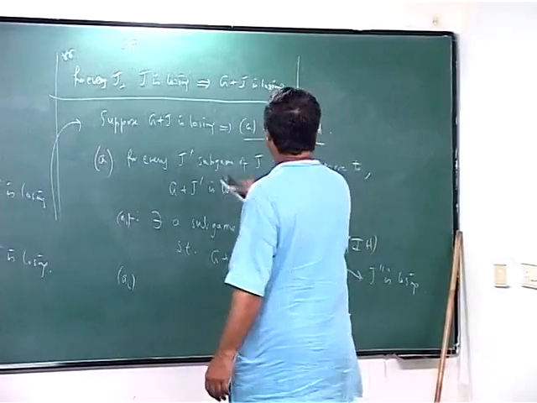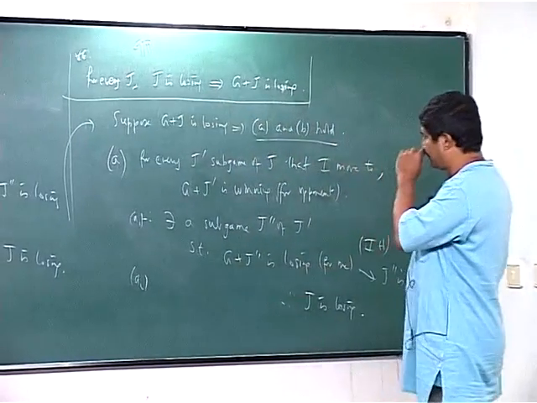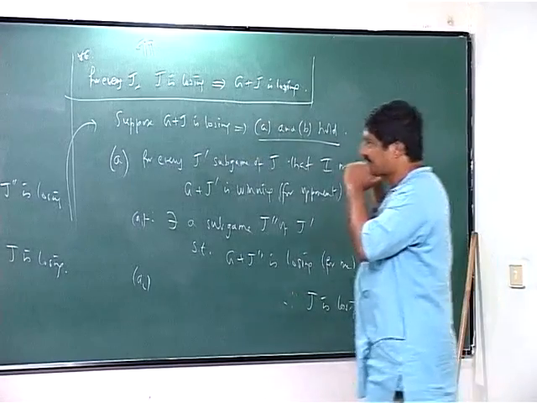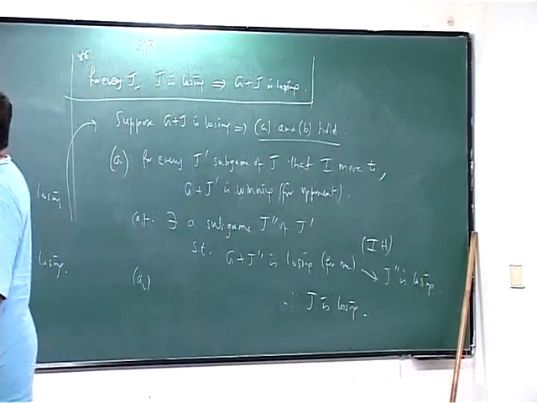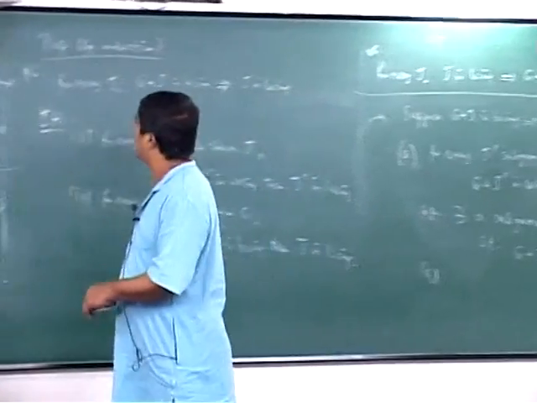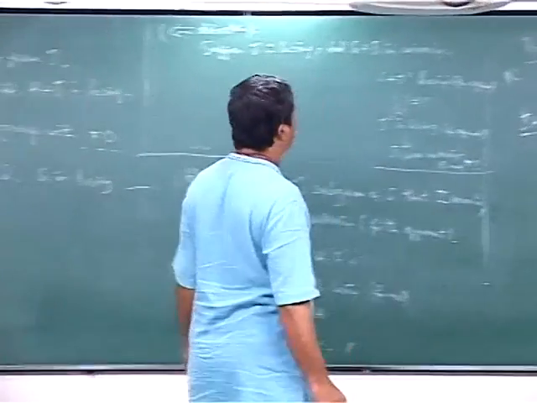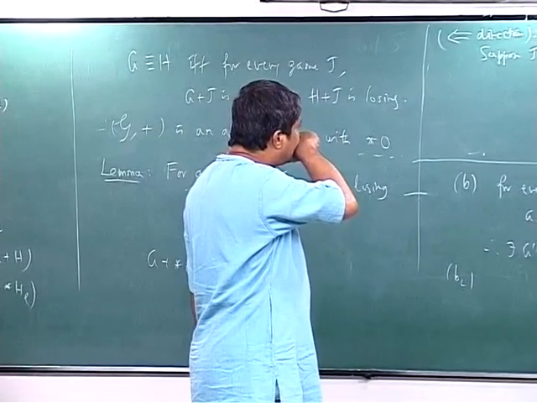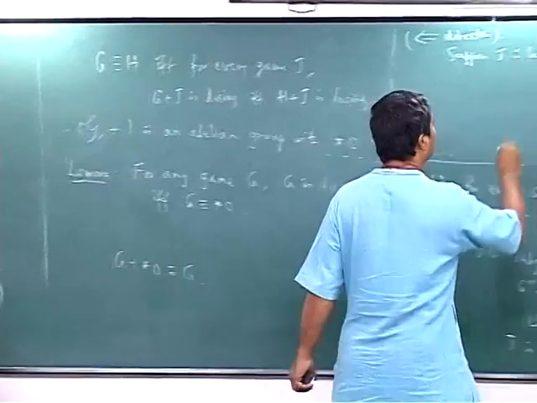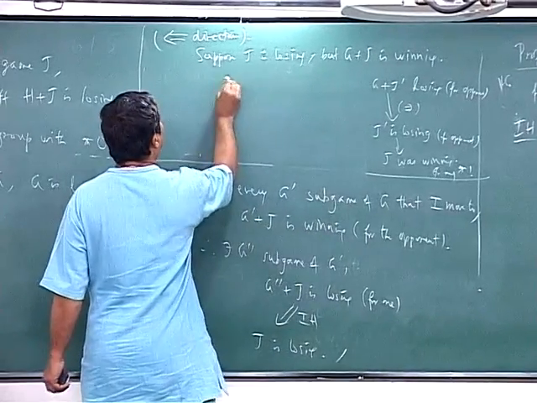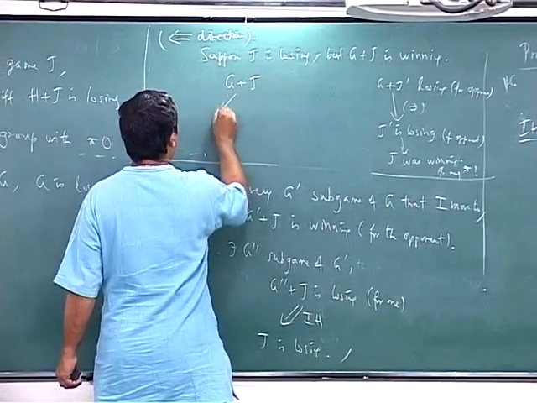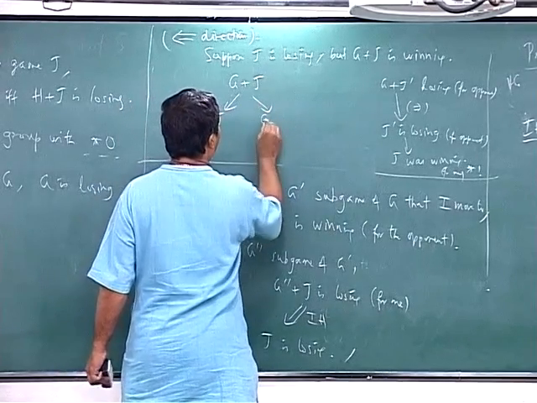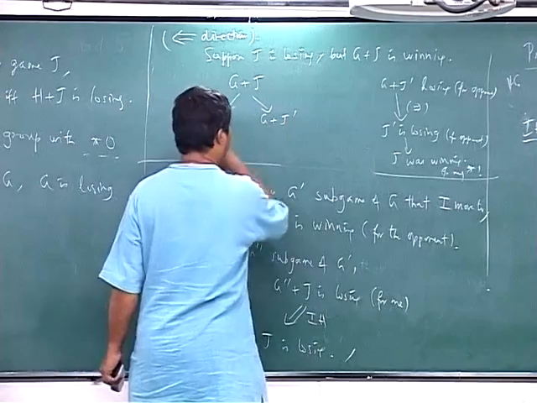And now we have seen that, what is it that we have seen? I think I can write it in both ways. Which was I trying to do? Yeah, so that's exactly it. So I am in G plus J. One branch I move to G prime plus J, and another branch I move to G plus J prime.